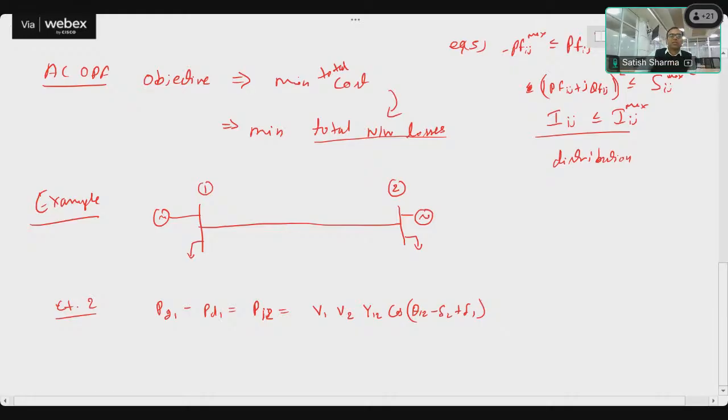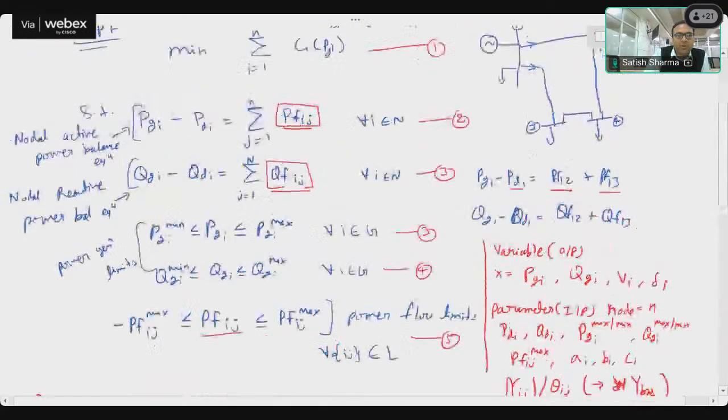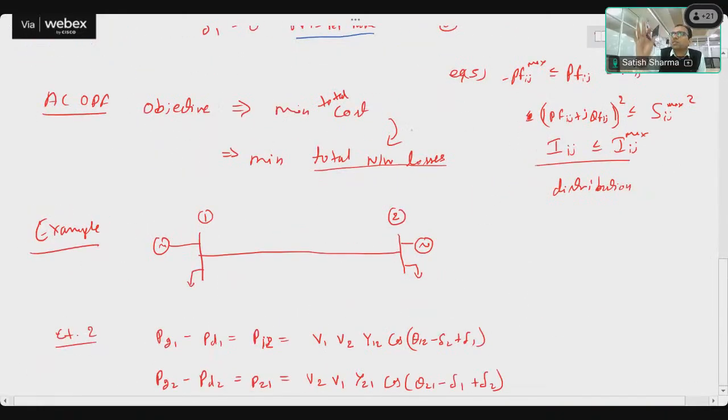Okay, then I can write down PG2 minus PD2 equals P21, and that will be V2 V1 Y21 cos of theta21 minus delta1 plus delta2. Is this clear? Similarly, you can write down for reactive power and all. I am just writing down the active power balance equation, and you can see I have to write it for all the nodes. In this example the number of nodes is 2, so I have written it 2 times.